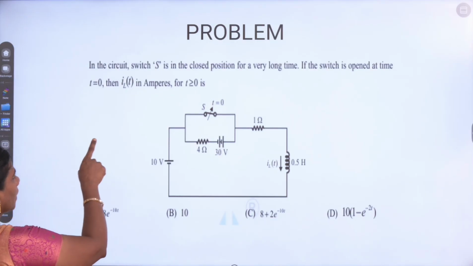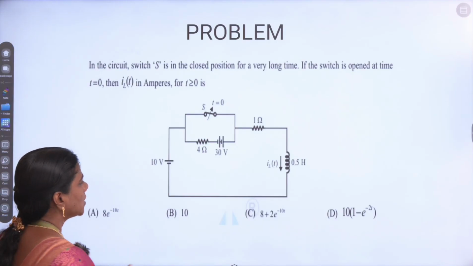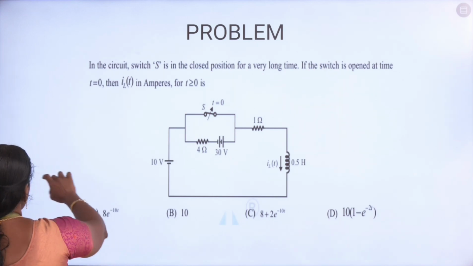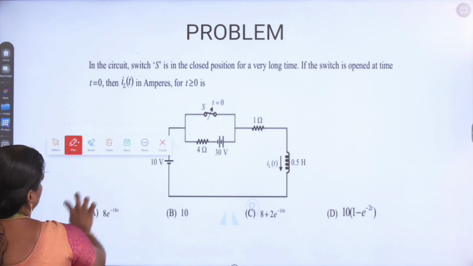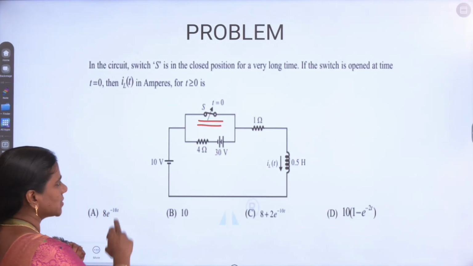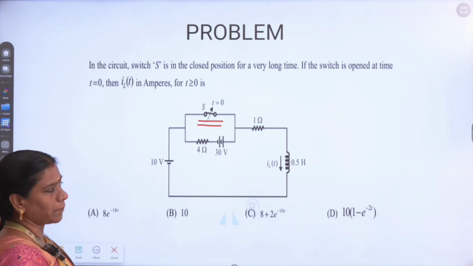Now in this problem, the switch S is in the closed position for a very long period of time. So where is our switch? Our switch is here. The switch is in closed position for a long period of time.